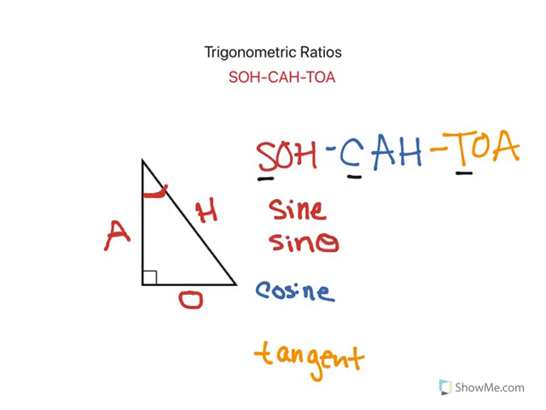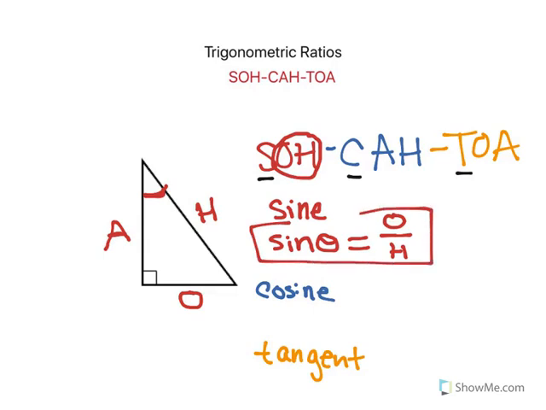It's almost like a cursive O. Equals, look at these two letters that are next to the S. You write it as a ratio, O over H, opposite over hypotenuse. So sine of my angle equals opposite over hypotenuse. And we will use that ratio to solve problems.